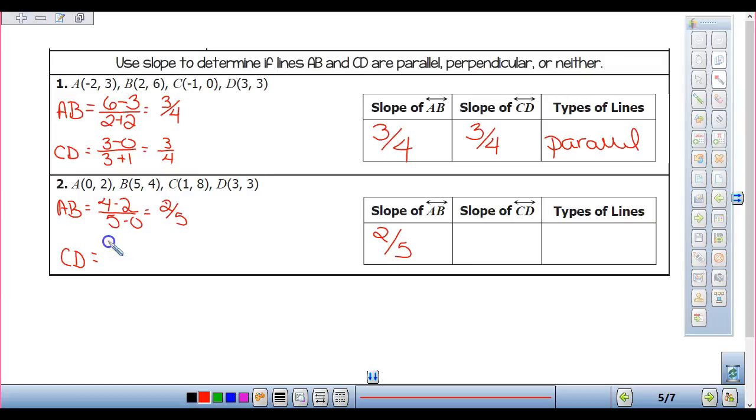CD is going to be, what goes on top? 3 minus 8 over, so on top I have -5 over 2, because 3 minus 1 is 2, so -5/2. Now, are they negative reciprocals? They are, because if I flip them and make one negative, so that makes these perpendicular.